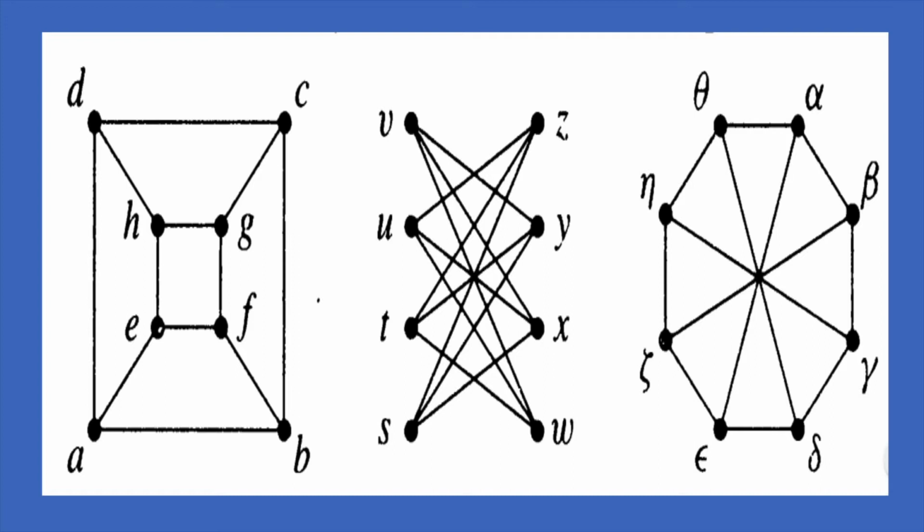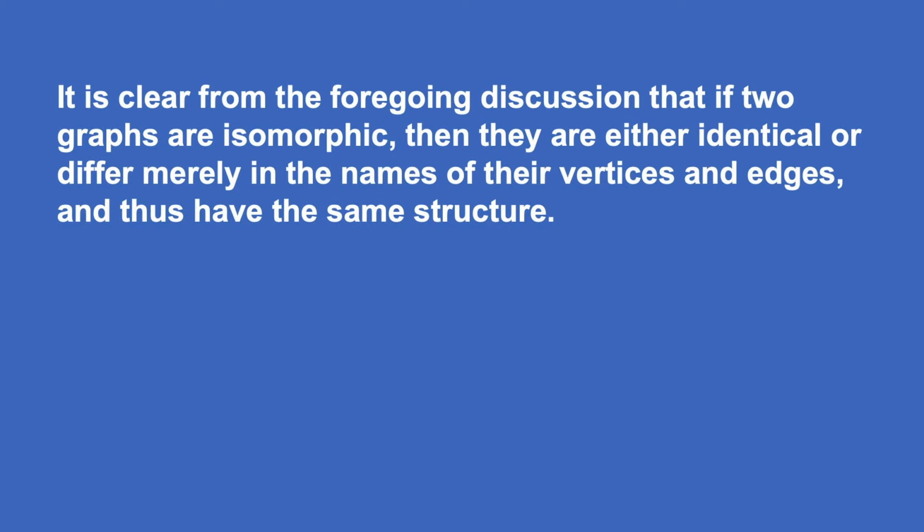The graphs are bipartite with ui being mapped onto vj if and only if i is not equal to j. The third graph contains odd cycles and hence is not isomorphic to the others.